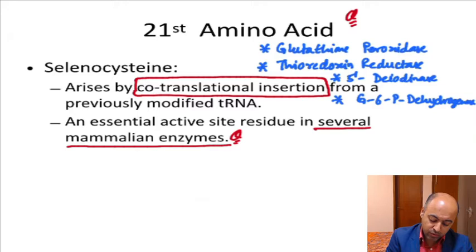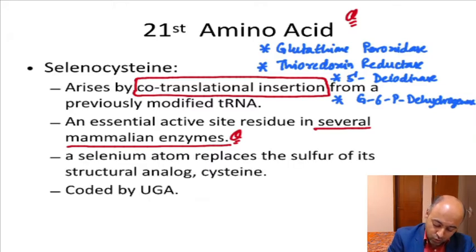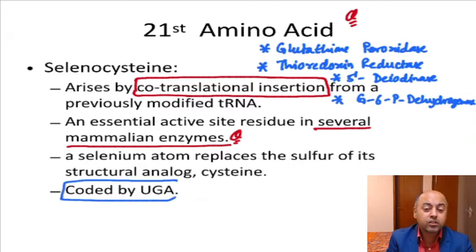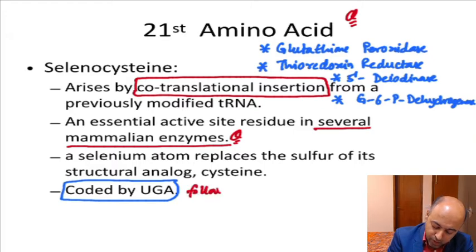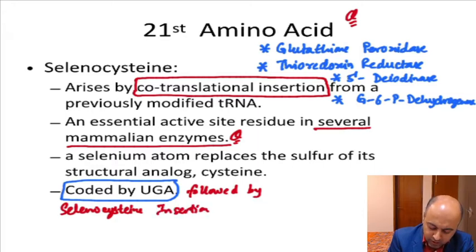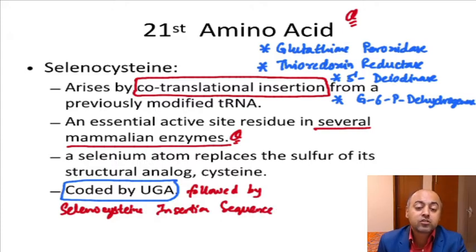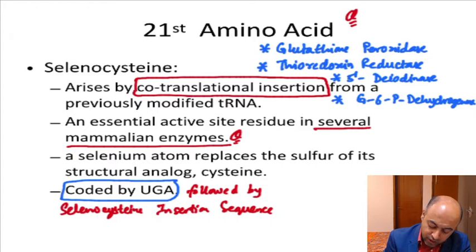Last point which you have to remember here is the codon. The codon for this is actually a stop codon, but it has a very special feature. The stop codon is followed by what is known as the selenocysteine insertion sequence, commonly written as SECIS.